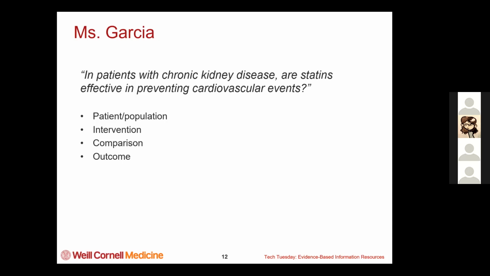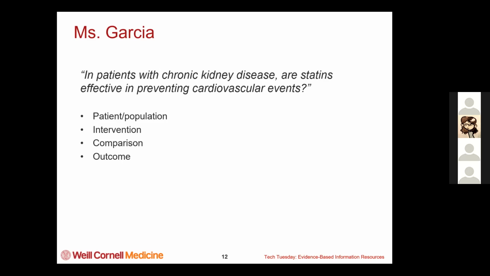What's our intervention? Again, feel free to use the chat. So our intervention is going to be statins. Thank you, Carrie. Do we have a comparison? In this case, we don't have an explicit comparison.